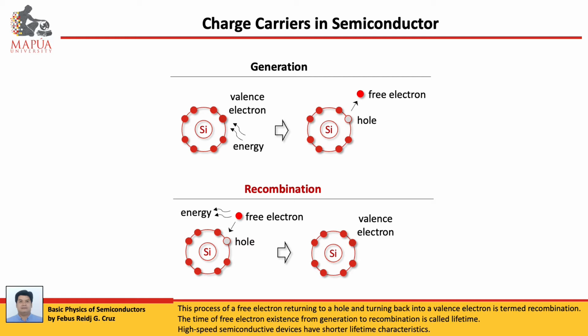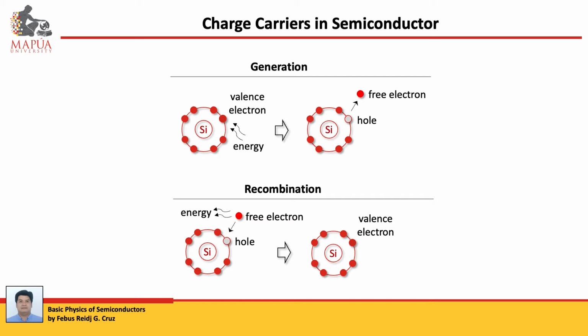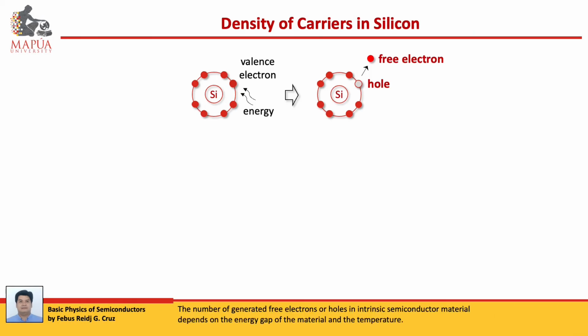High-speed semiconductive devices have shorter lifetime characteristics. The number of generated free electrons or holes in intrinsic semiconductor material depends on the energy gap of the material and the temperature.